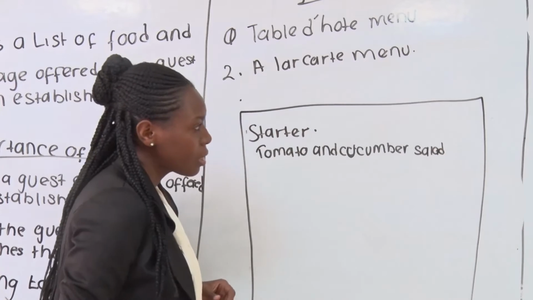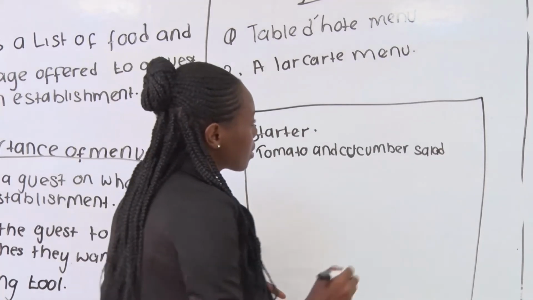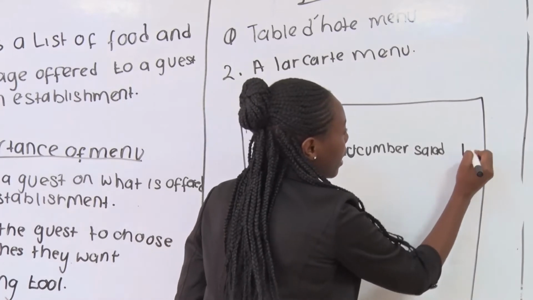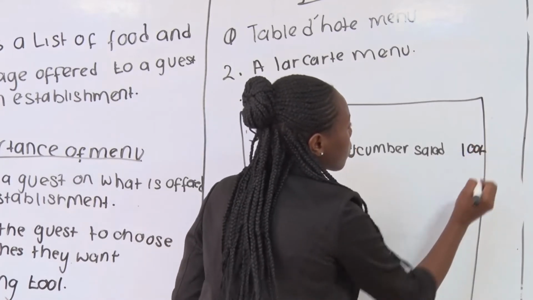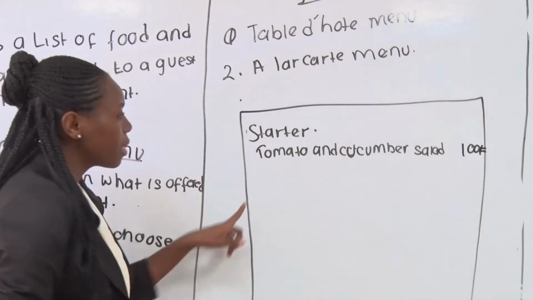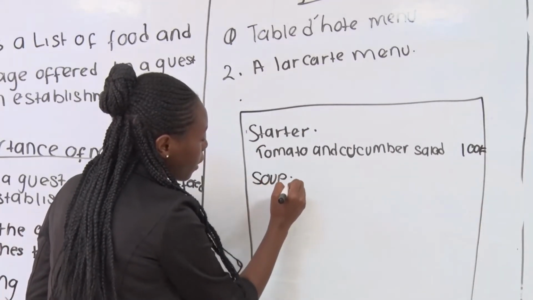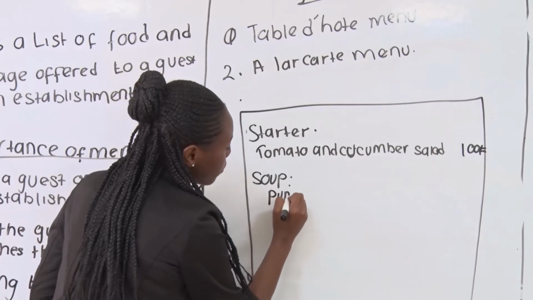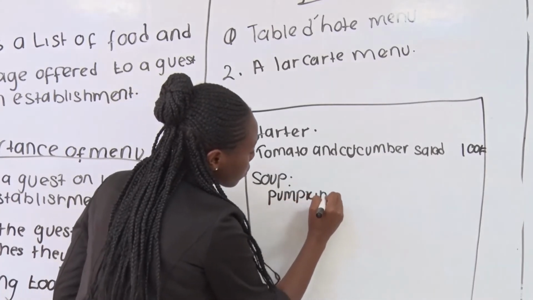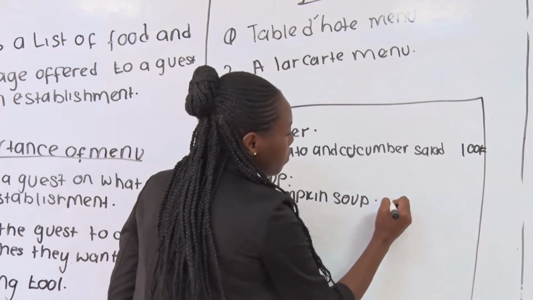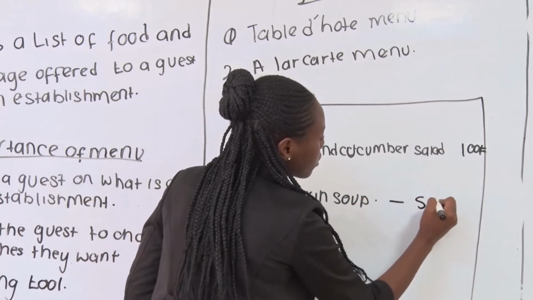Then the amount is indicated after the dish, like maybe 100 shillings. Then after starters you have soups, for example, pumpkin soup. Then you indicate the amount, maybe 50 shillings.